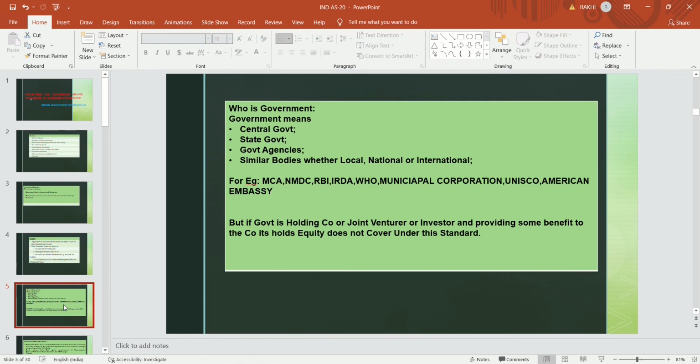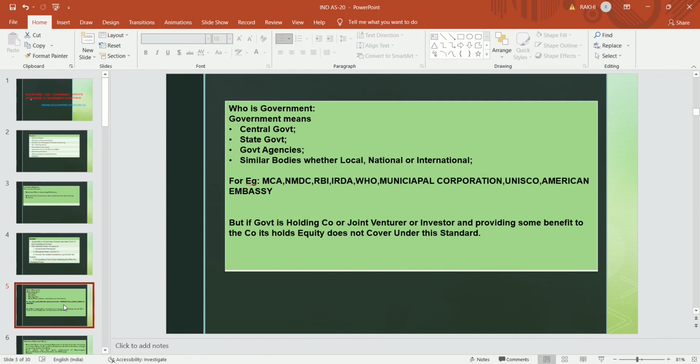Who are the government agencies? That is NCA, NMDC, RBI, IRDA. These are the government agencies. So state government, central government, government agencies, similar bodies, whether local, national, international, and examples are NMDC, RBI, IRDA; WHO, the World Health Organization, is international.